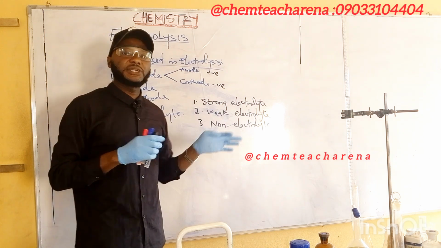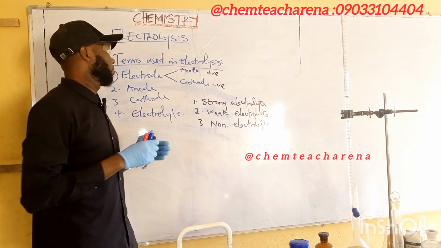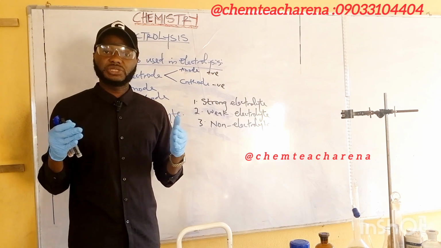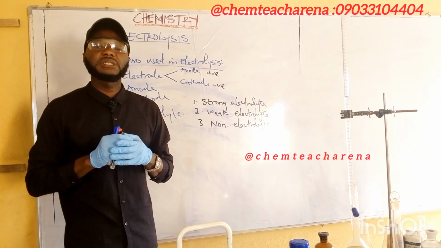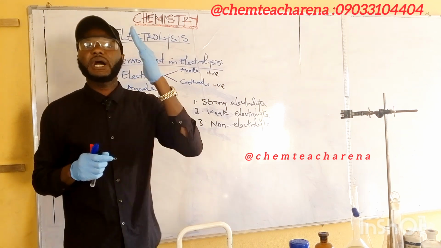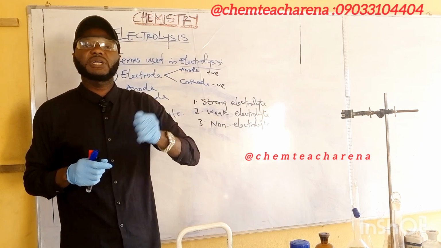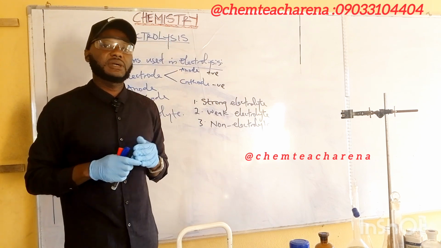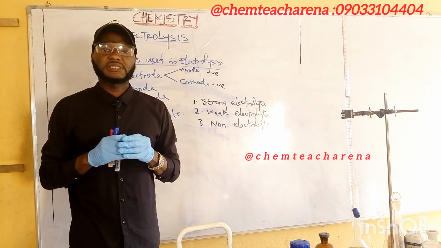Examples of strong electrolytes: we have HCl, which is hydrochloric acid; HNO3, which is trioxonitrate(V) acid, also called nitric acid; then we also have tetraoxosulfate(VI) acid, and all alkalis, group 1 bases like potassium hydroxide, sodium hydroxide and all of that, they are strong electrolytes.